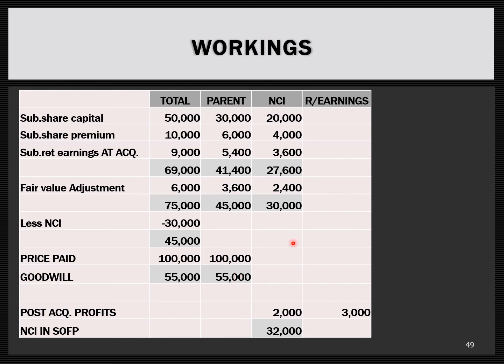The figures will always be the same, so work out in a way that you're comfortable with what the goodwill figure is, and then try and fit it into the boxes if you want to, but don't worry too much about that.